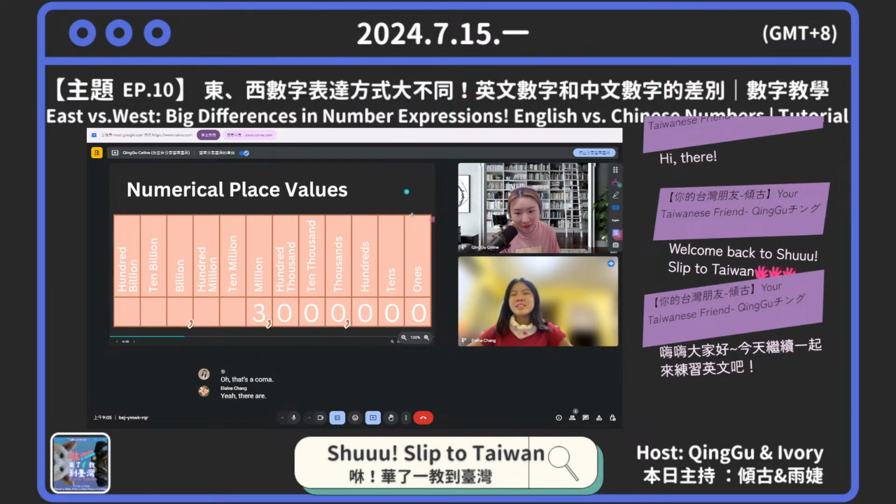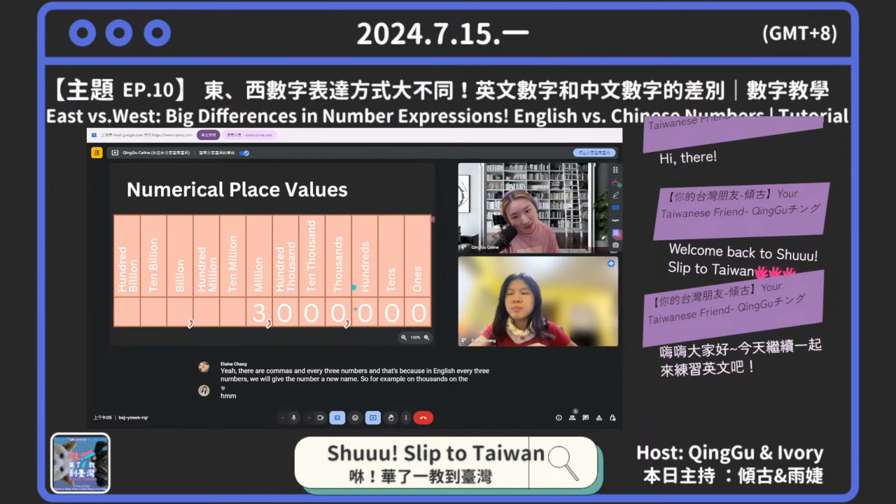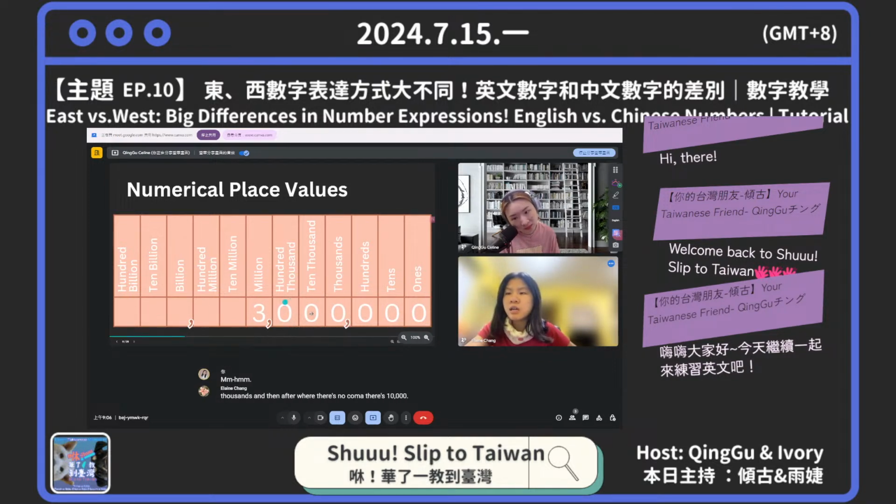Yeah, there are commas in every 3 numbers. And that's because in English, every 3 numbers, we will give the number a new name. So, for example, on the first comma, you can tell that it's thousands. And then after, where there's no comma, there's 10,000, 100,000, and there's no comma here, right? Yeah. But on the next one, when you see a comma again, it changes. You don't keep the name thousands. You change it to million.